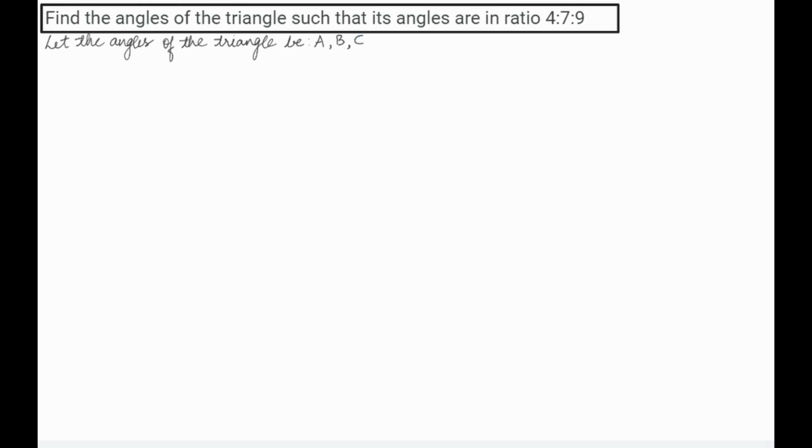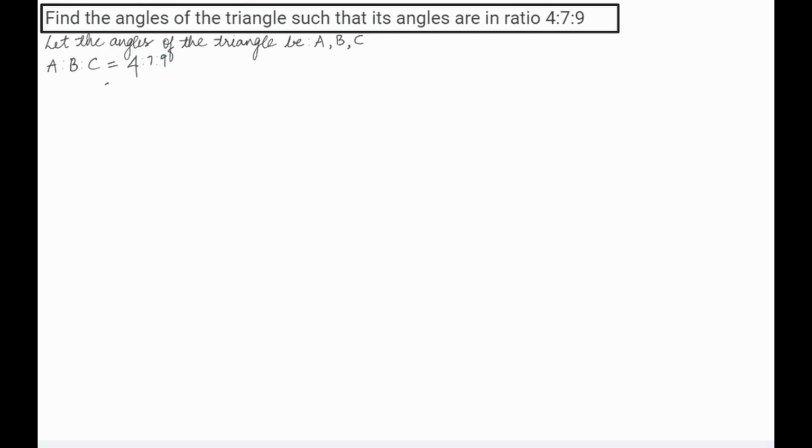That is, A is to B is to C is equal to 4:7:9.